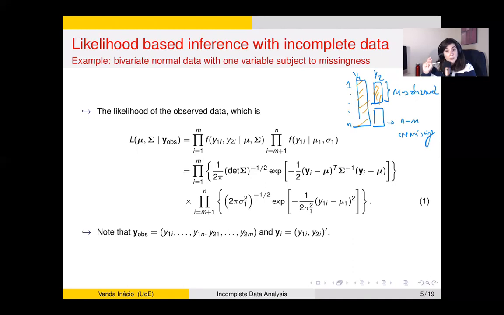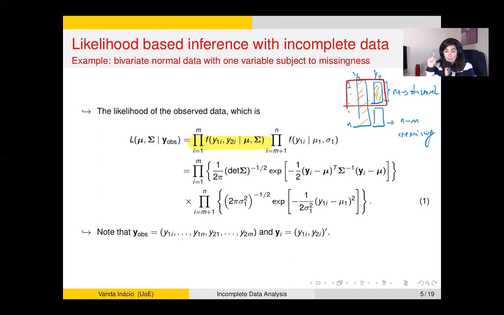But remember that y1 and y2 have some joint structure because they follow a bivariate normal distribution. And so the likelihood for the observed data is constructed in this way. For the first m observations, the contribution to the likelihood, it's not the log likelihood, is the joint density of y1 and y2.